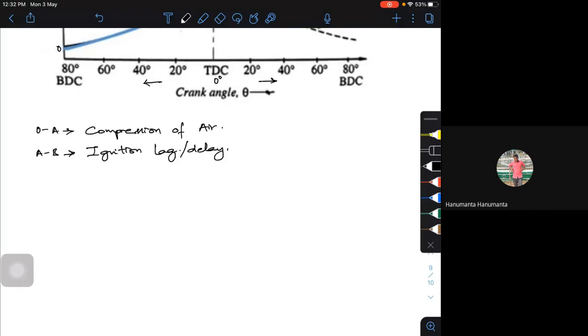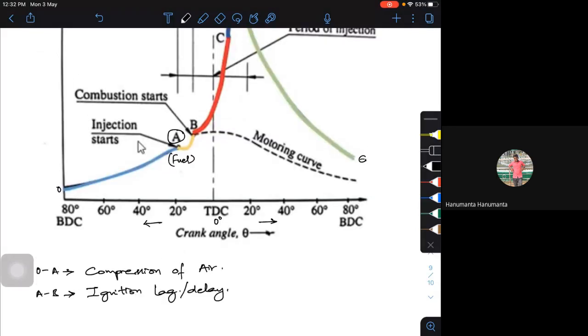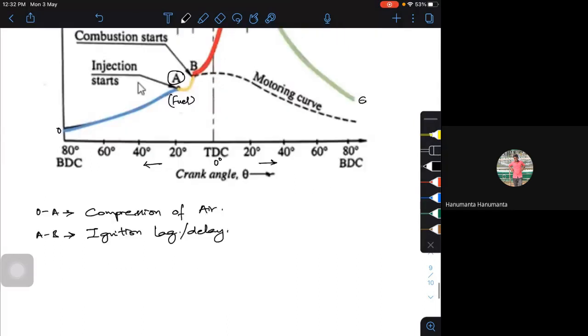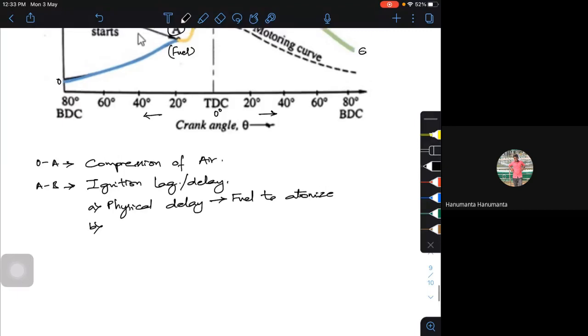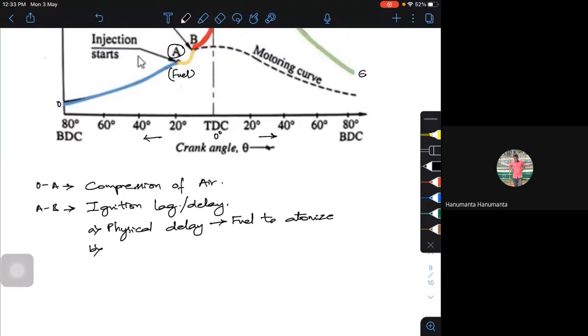Now, when fuel is put into your CI engine, there can be a physical delay and there can be a chemical delay. So this ignition lag or delay is divided into two parts. What is this physical delay? It is the time taken for the fuel to atomize. The fuel you inject into your CI engine has to be atomized.